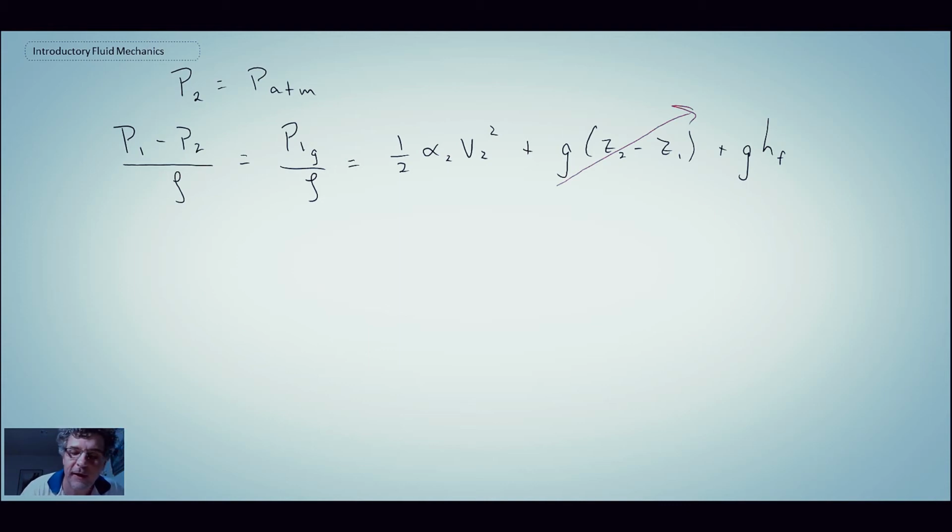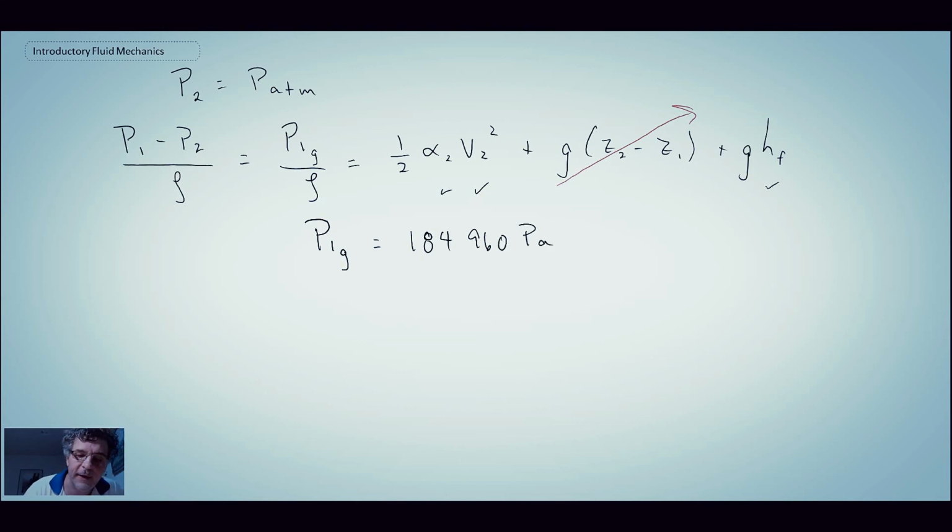When you plug in the values, we've solved for V2, we know alpha 2, we've solved for the head loss, and so the only unknown in this equation is P1 gauge. We then obtain a number of about 185 kilopascals required in order to force the fluid out through the small needle.